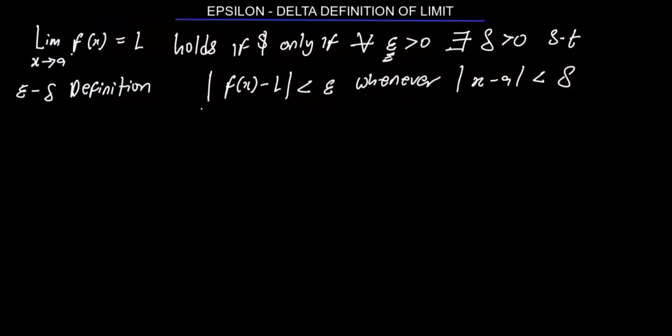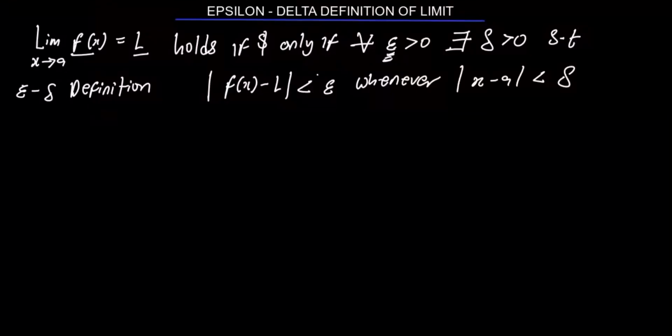This statement means that the distance between f of x and L is very, very small, even less than a small value, epsilon. Whenever x minus a is less than delta, it shows that x is relatively close to a, but not equal to a. Similarly, f of x is close to L, but not equal to L.